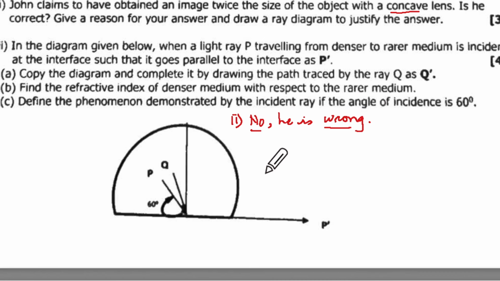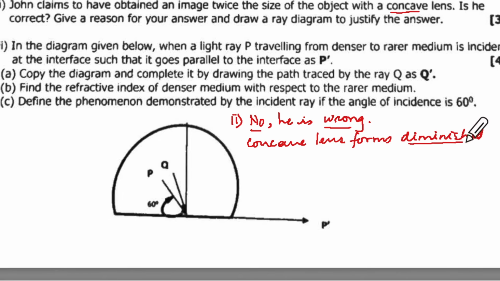The first line. Reason? Concave lens always has the diminished. Concave lens forms diminished, underline diminished, and virtual image always.